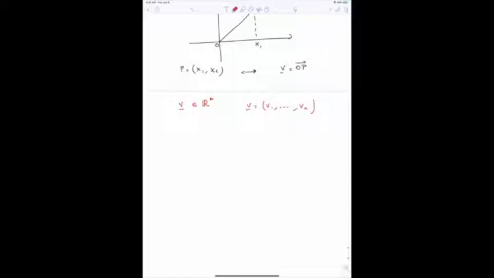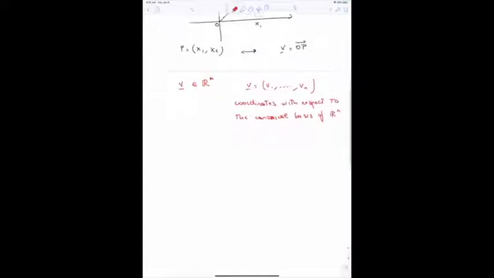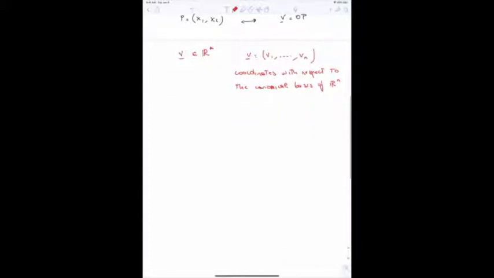To be precise, these are called the coordinates with respect to the canonical basis of Rn. Now, we can define the norm of a vector.